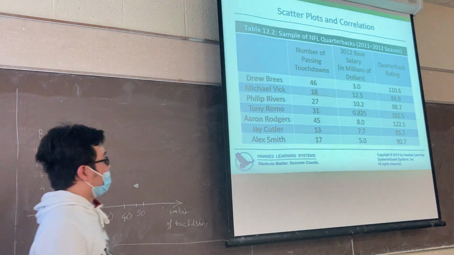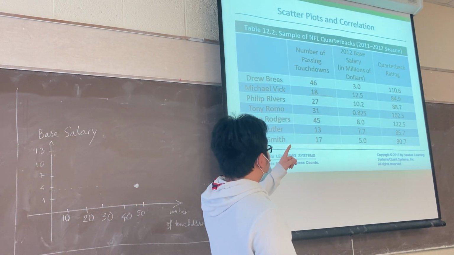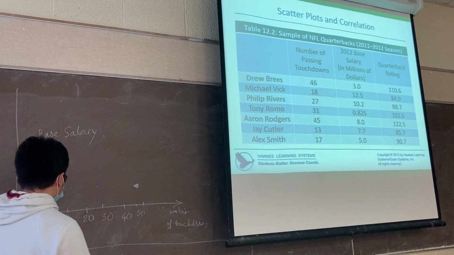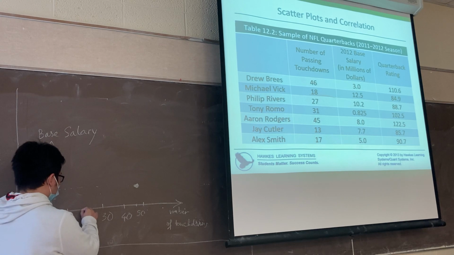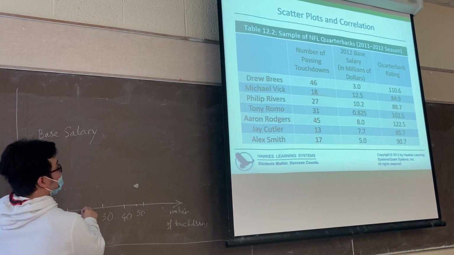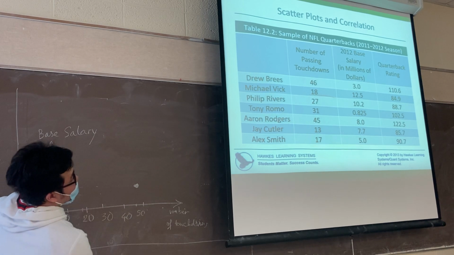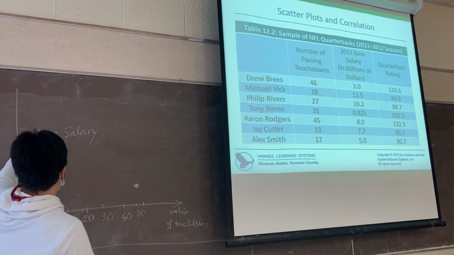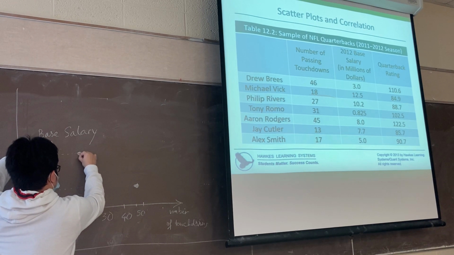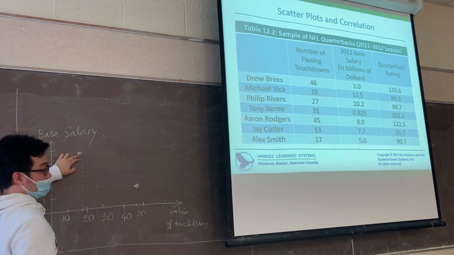What about the second one? It's 18 and 12.5, right? 18. So we look at here, 18. So it should be like this. And 12.5, so maybe here. Okay, this is the second one.